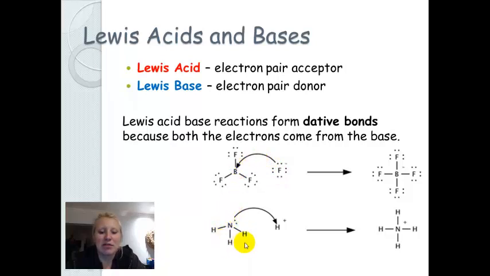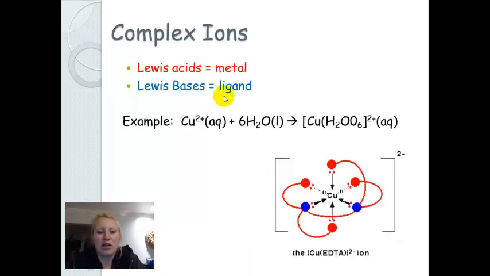Another example is ammonia with H+ to form ammonium. The ammonia is donating an electron pair, so it's the Lewis base. The H+ is accepting the electron pair, so it's the Lewis acid. We saw this when we formed complex ions, or coordination compounds.